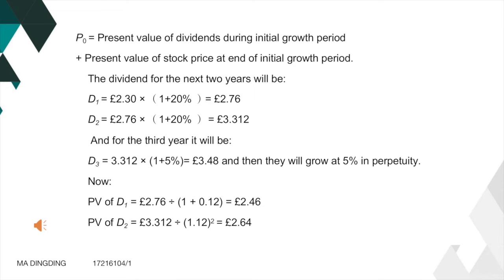So for this question, P0 is equal to the present value of dividends during the initial growth period plus the present value of the stock price at the end of the initial growth period.